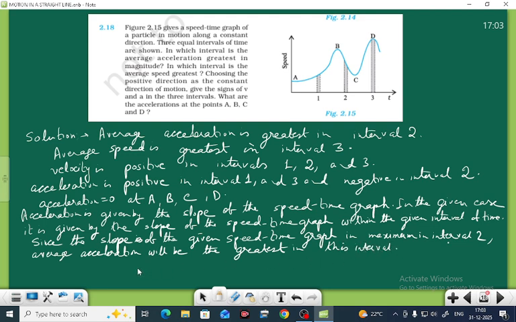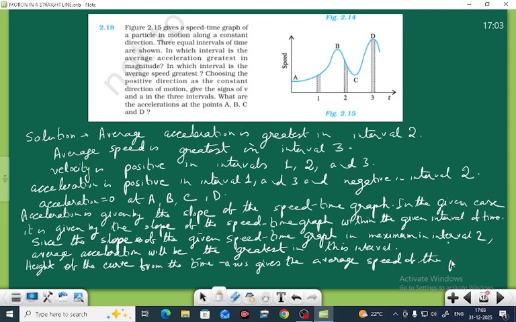And the last one, height of the curve. The height of the curve from the time axis gives the average speed of the particle.